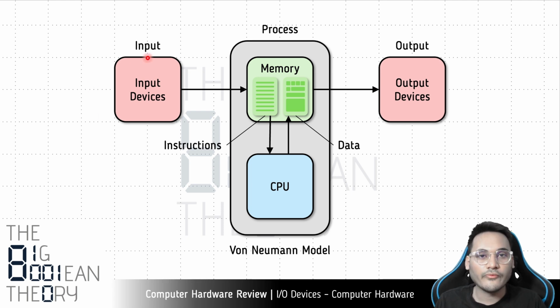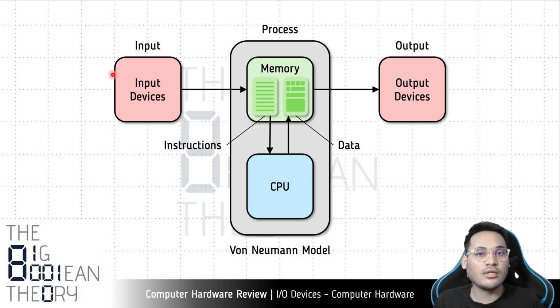As a user, we are using the computer because we want some of our input data to be processed by the computer in some way, and after processing we want some kind of output. So there is some input that the user wants to give, and the user wants the computer to process it in a meaningful way and give some kind of output, right? This is how the flow of computing goes, and here the input comes from the input devices.